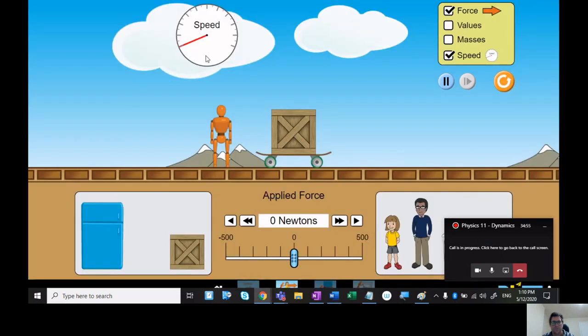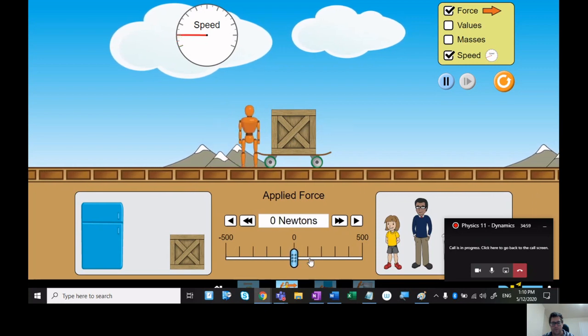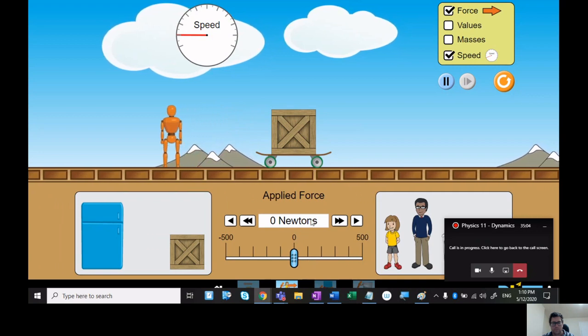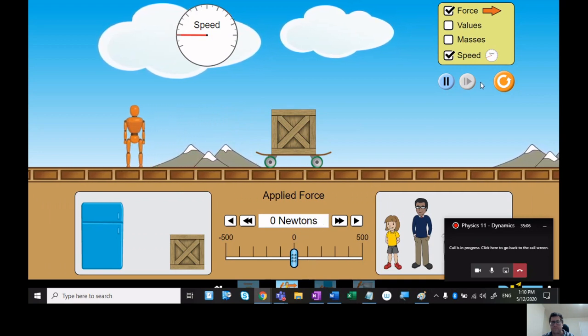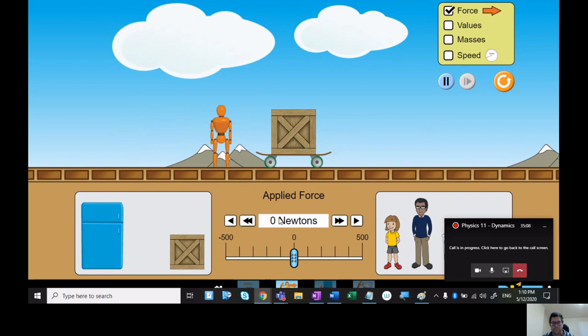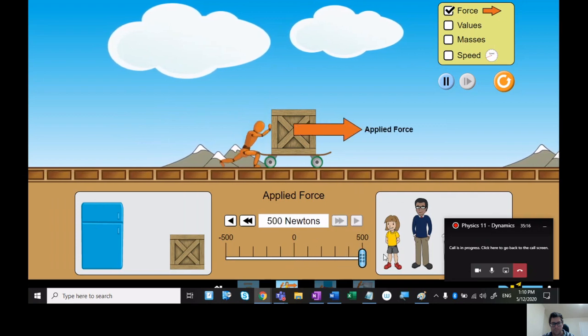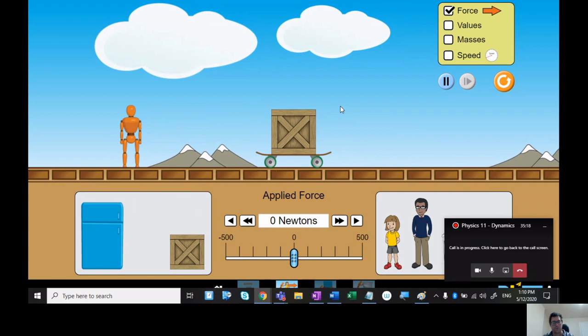Watch the speedometer. Let's do that again. Okay, that's pretty cool.